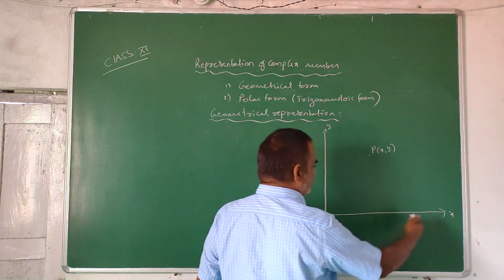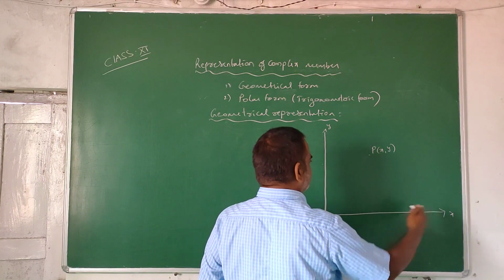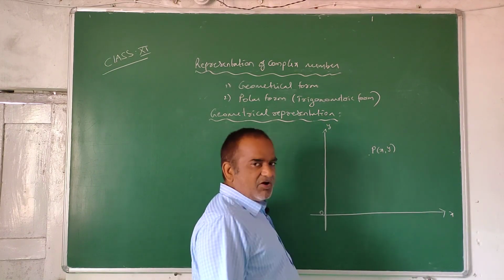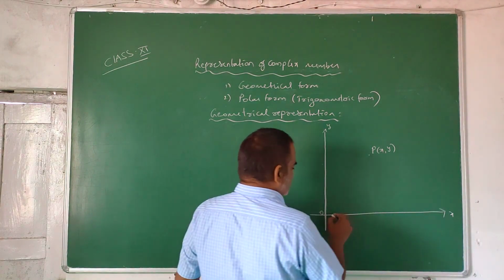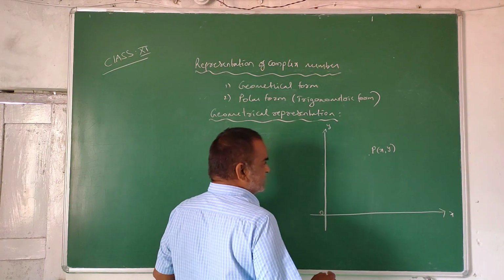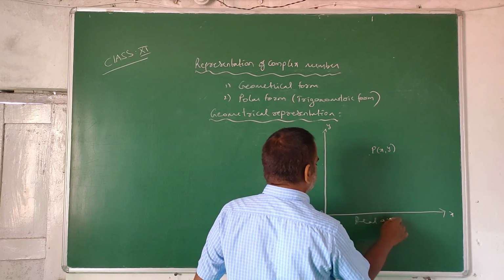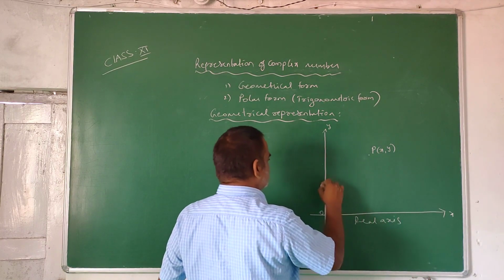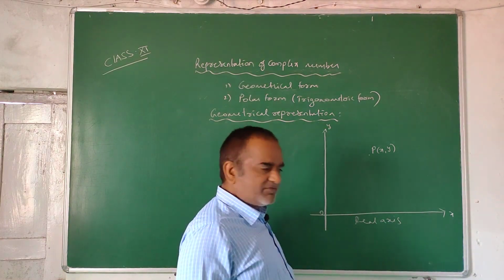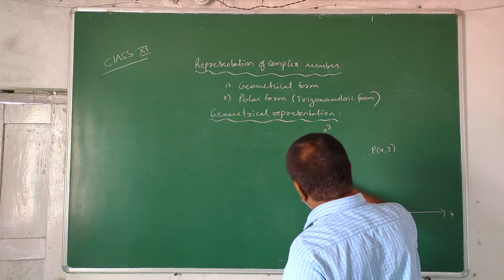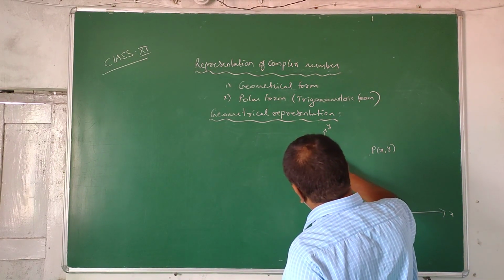The real part we choose along the x-axis and the imaginary part we choose along the y-axis. As we take real parts on the x-axis, it is known as the real axis. And as we take imaginary parts on the y-axis, it is known as the imaginary axis.